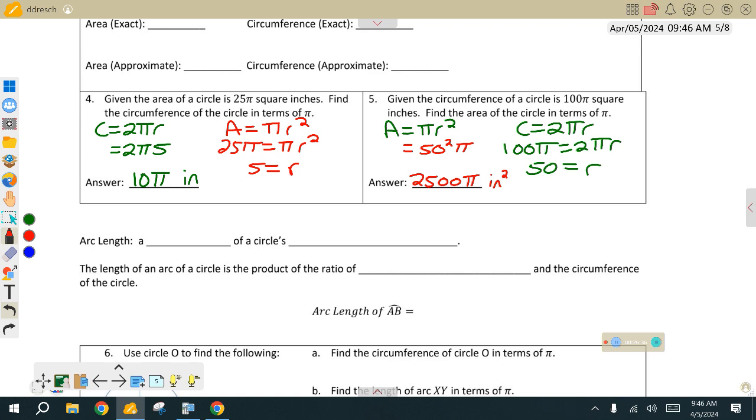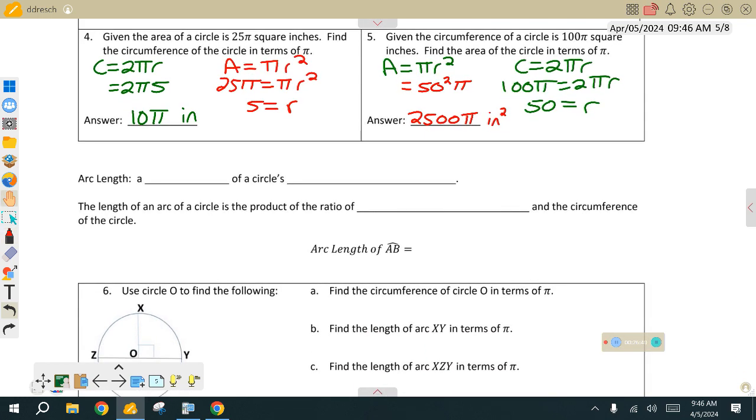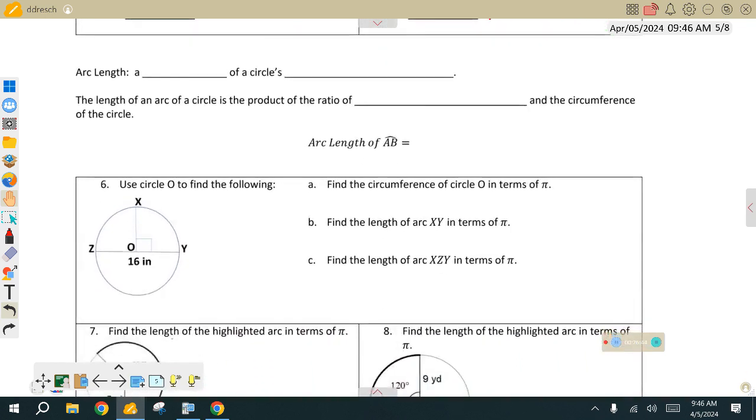But here, let's go backwards to that arc length. Maybe I didn't necessarily want to walk around that full circle. Maybe I started walking around this circle and I stopped partway. I didn't walk around that full circle, did I? I walked around maybe a fraction of it.